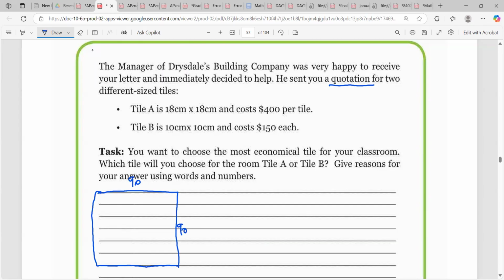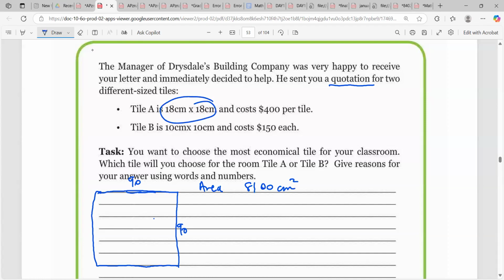Remember, we already calculated the area, and this is how the tilers, guys, can tell your parents the exact number of tiles that they need using the area formula. So how do we find it? So this is a room. We find the area, which works out to 8100 centimeters squared.